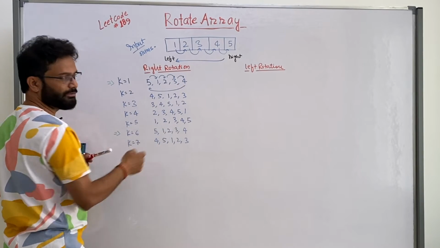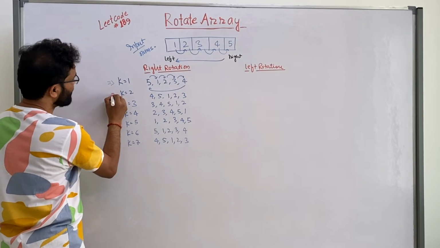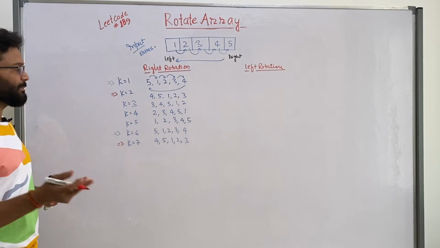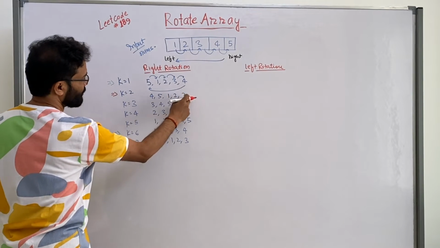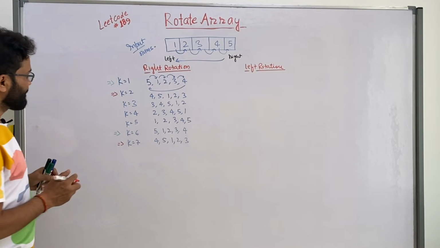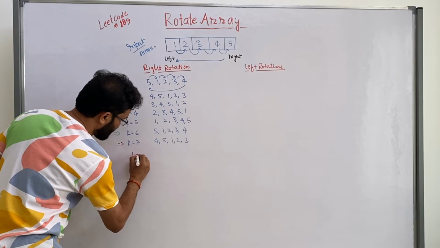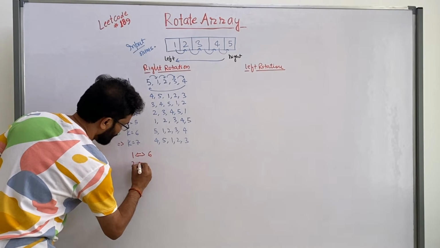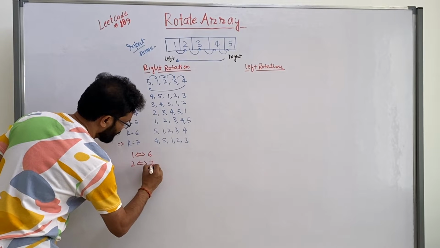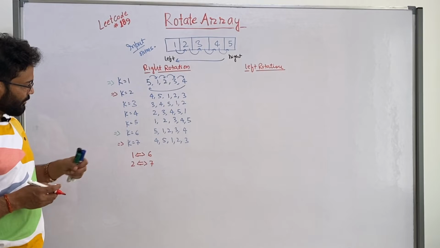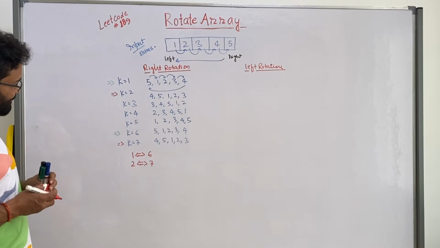If you rotate 2 times or 7 times, you will get the same pattern 4, 5, 1, 2, 3. Whether you use 1 time rotation or 6 time rotation, 2 time rotation or 7 time rotation, you are getting the same thing. So I think we can do some calculations here.